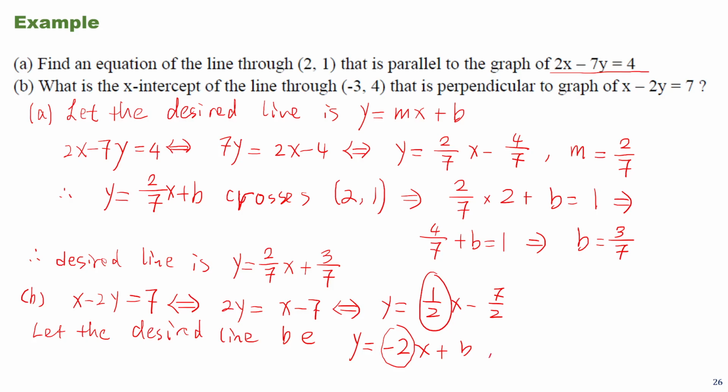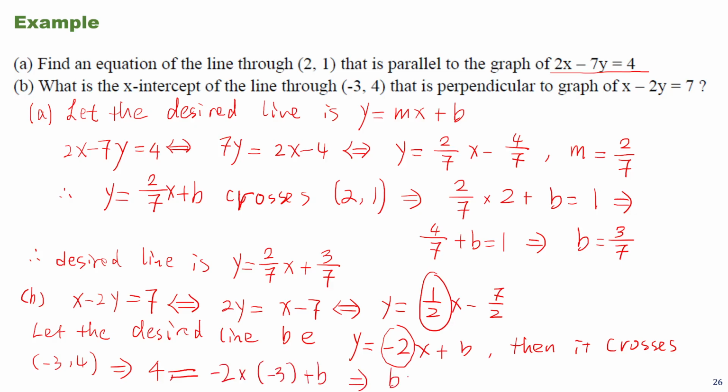And then it crosses this point (-3, 4). Therefore, we can insert this point into that equation. y equals 4. So 4 equals -2 times (x equals -3) plus b.